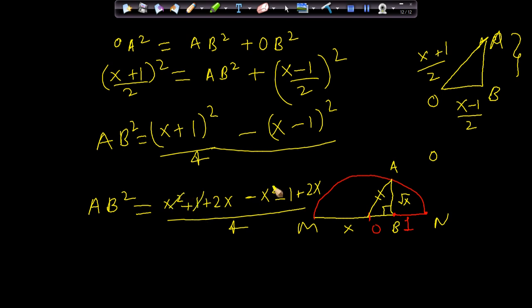This will get cancelled by these two. So what we get? 4x by 4, which is nothing else but x. So AB comes out to be root x, right?